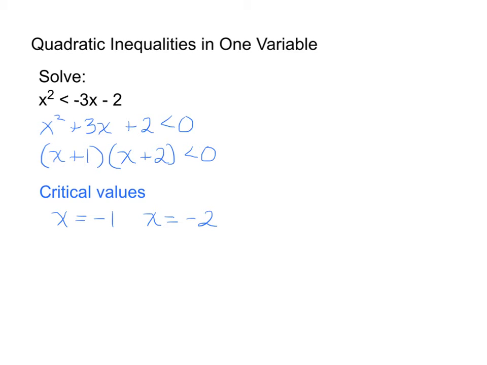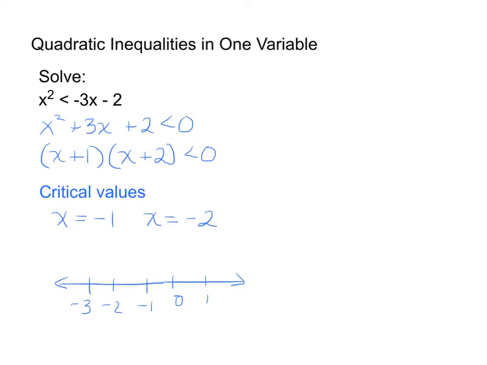What that means is our solution set is going to revolve somehow around those values. And really it's probably going to be either in between those two values or on the outsides of those values. If we think of it on a number line, we'll call that 1, 0, negative 1, negative 2, negative 3.